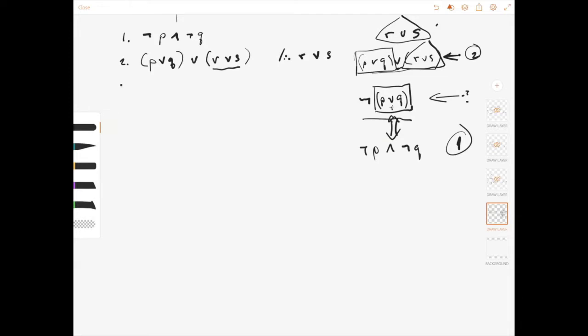On line 3, we'll write it's not the case that P or Q, and we get that by applying De Morgan to line 1. Remember that De Morgan is an equivalence rule, and so there will only ever be one line number written here, because we're applying an equivalence rule to a whole line or a part of a line, but never more than one line.